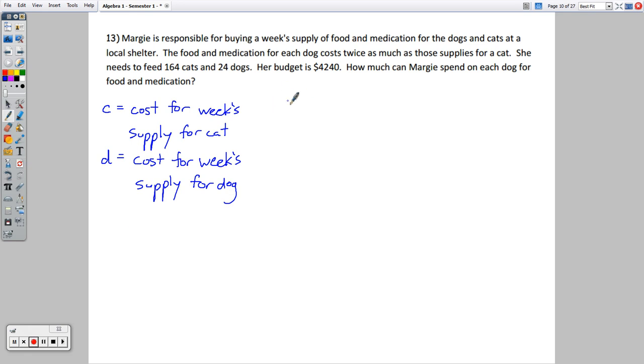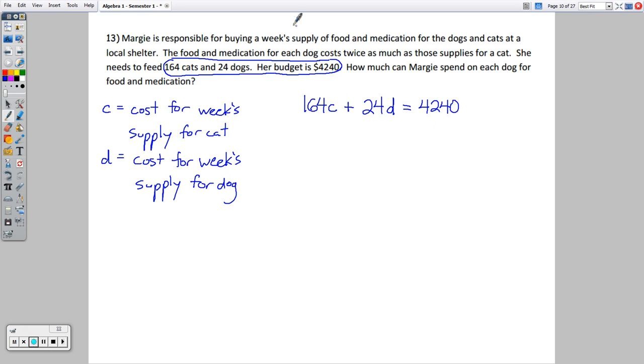And let's see what we got here. This is definitely one equation right here. We could say 164 times the amount that a cat costs, because we have 164 cats. It's quite a few cats. And then that plus 24 times the number of dogs we have. This would be 4,240. That's one equation that we can come up with.